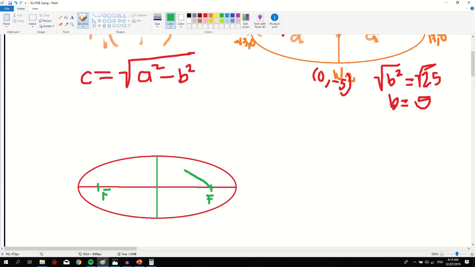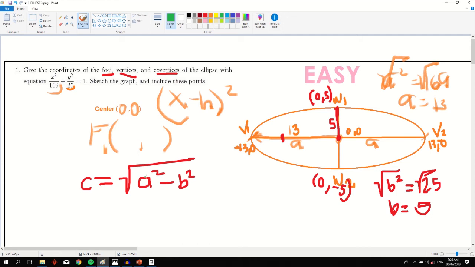We all know that the distance from this one to this one is also the same as this one. So this could be a, this could be b, and this could be c from here to here. Okay, so you get it now? So we now know where this came from.